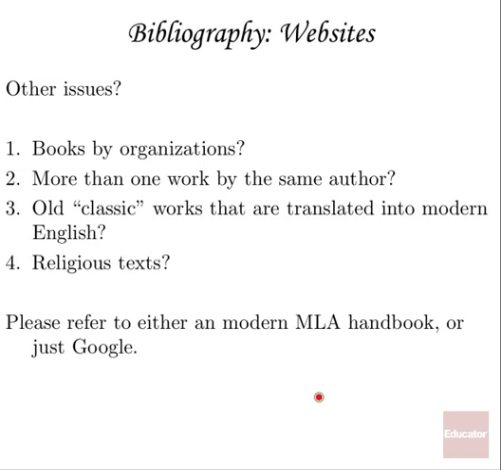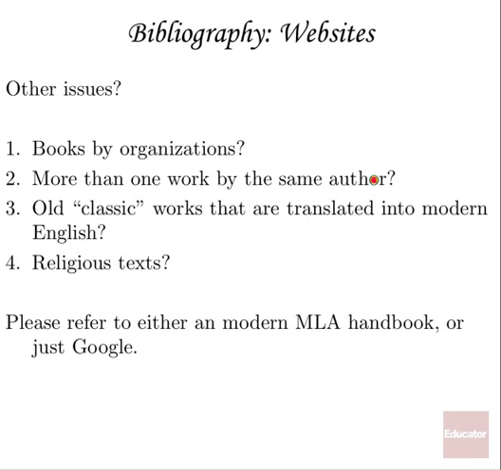Another one is, what if it's more than one work by the same author? Suppose I have one book by Dwight Swain, and I have another article by Dwight Swain, and then I have a third book by Dwight Swain, and I'm using all of these in my research paper. How do I cite that?